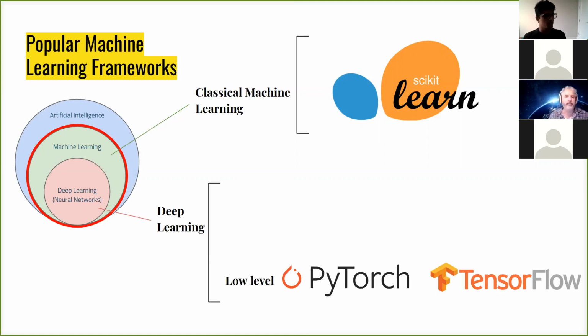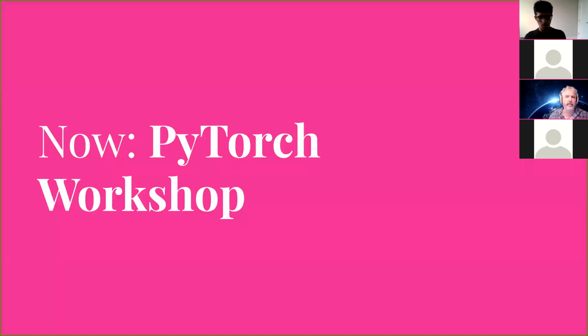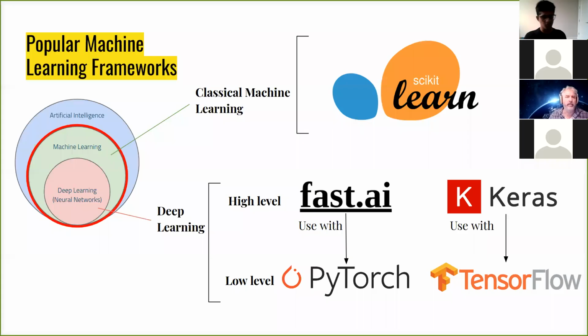For deep learning, you can use low-level libraries like PyTorch and TensorFlow, or higher level libraries like FastAI and Keras. Oh, sorry. Yes, these are all libraries, not languages. They're all Python libraries, off of the Python language. Unless you want to do coding in C++, we use Python in this club.